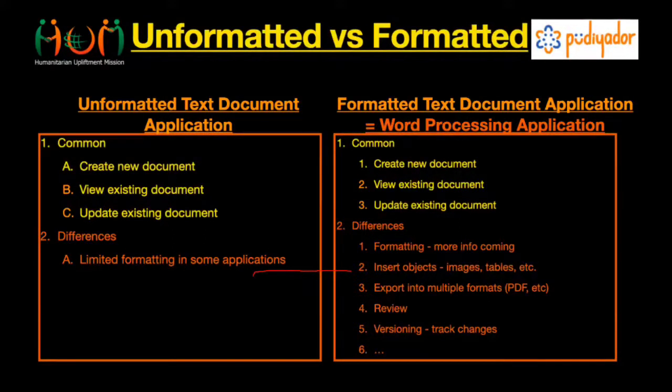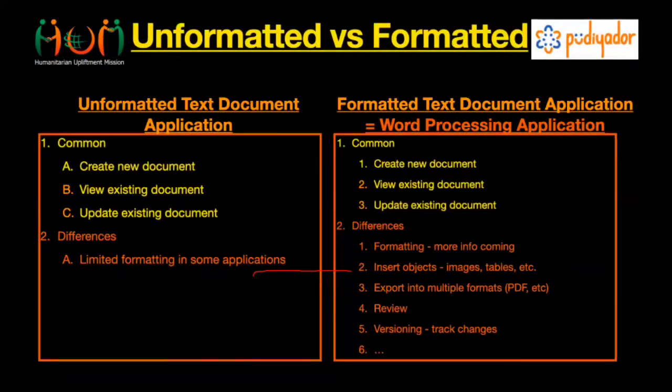In the unformatted text document application, you only get limited formatting, limited. So you can change the size of the letters. You can make the letters look different, like bold, italics. I will show you what that is very soon.